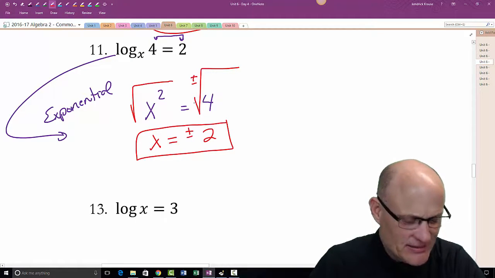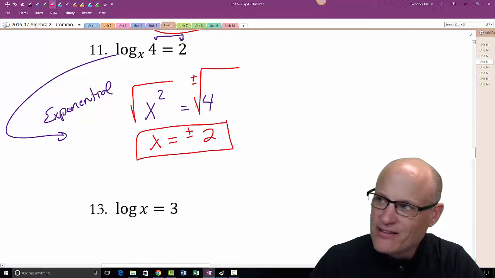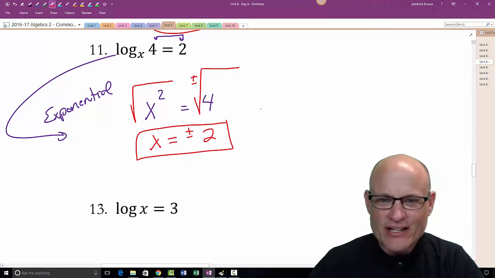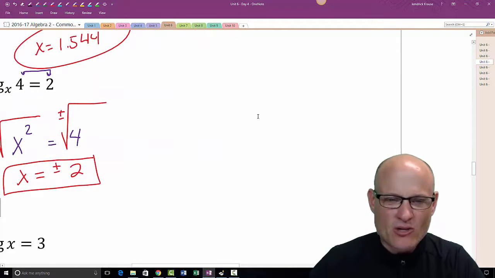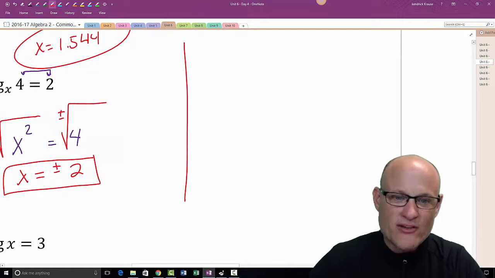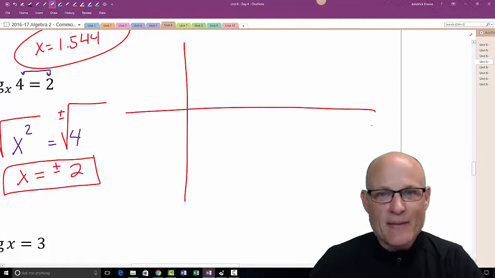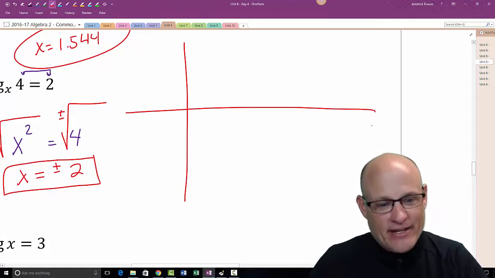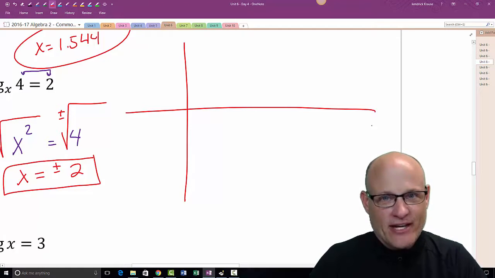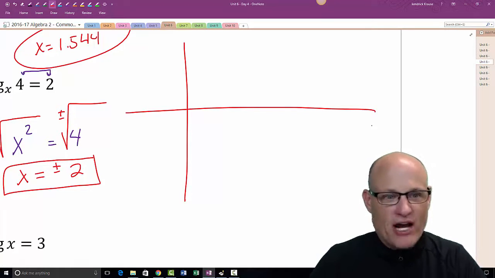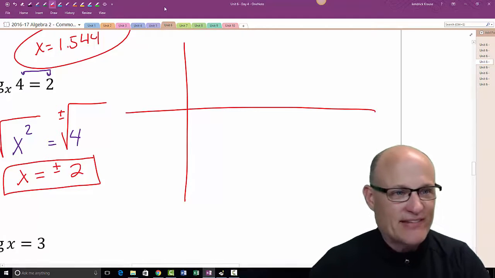Now, wait a second. I learned something yesterday. I learned something about logarithms in class yesterday, Mr. Krause. This is where you get the money and the fame from the ladies and the gentlemen when you bust this out. You say, okay, Mr. Krause, check this out.